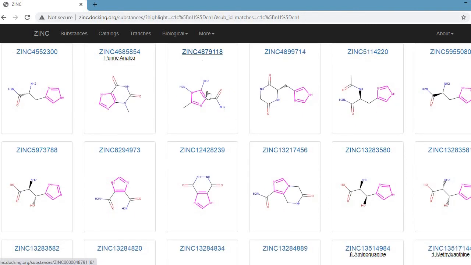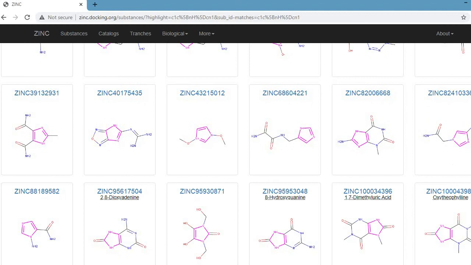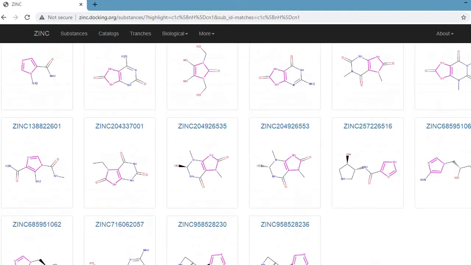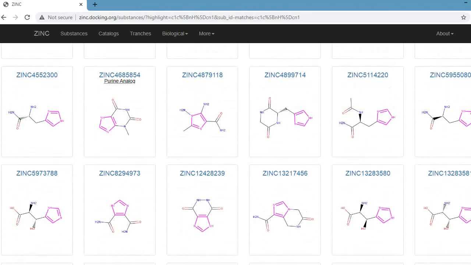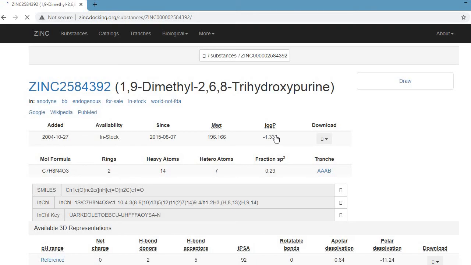For example, I am clicking this. You are seeing here various structures related to this substructure. You can choose any one structure for the study. Here, suppose I am clicking for this. So this is the various information related to this structure.